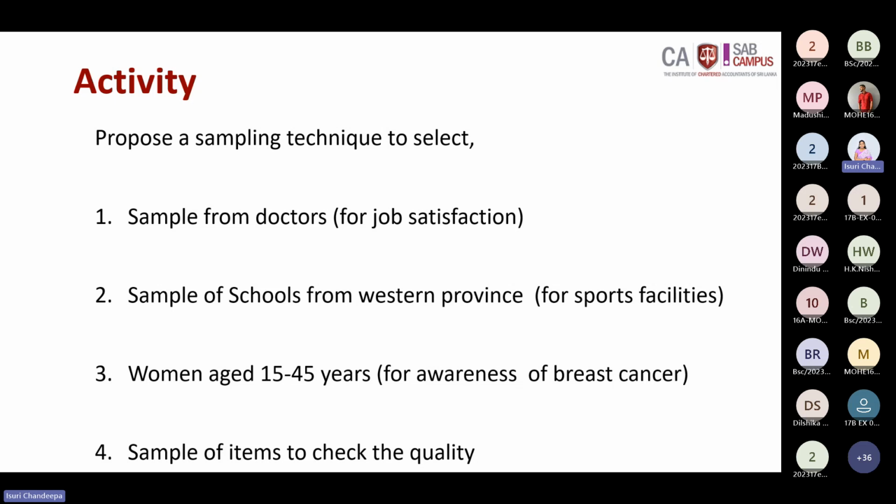First one, sample from the doctors regarding their job satisfaction. Second one, sample of schools from the Western province. Third one, women aged 15 to 45 years, for awareness of breast cancers. Then, sample of items to check the quality.